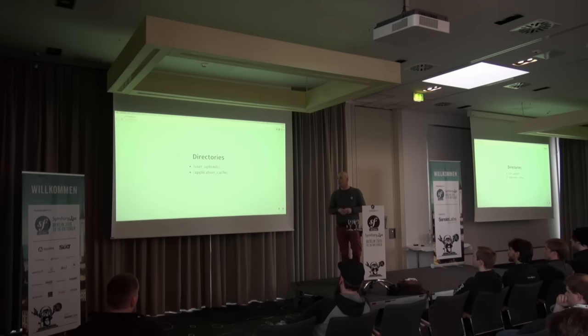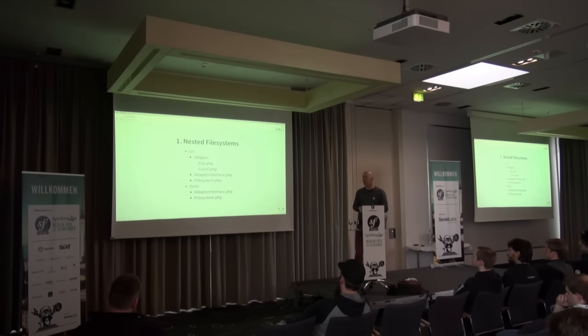And then if we look at file system types, there are actually two types of file systems, generally. One is the nested file system, and this is just a piece of Filesystem. So we have a source directory, and we have an adapter with f2p.php in it. So we go into directories to see what's there, and that gives us a sense of scope.